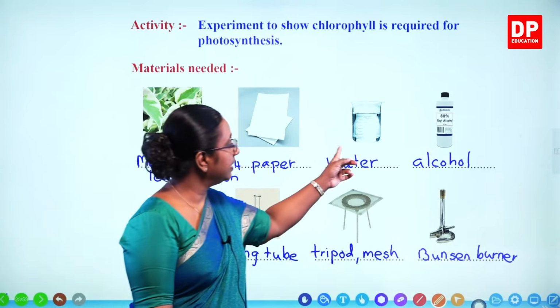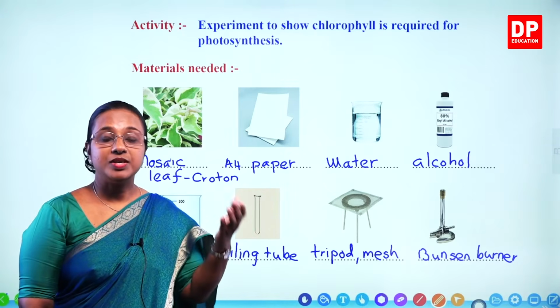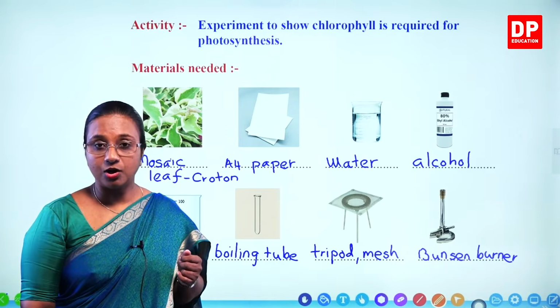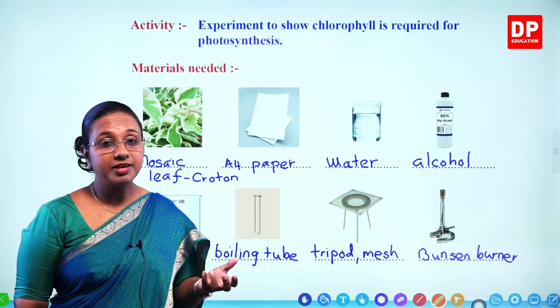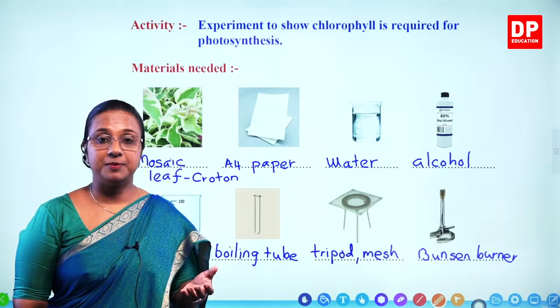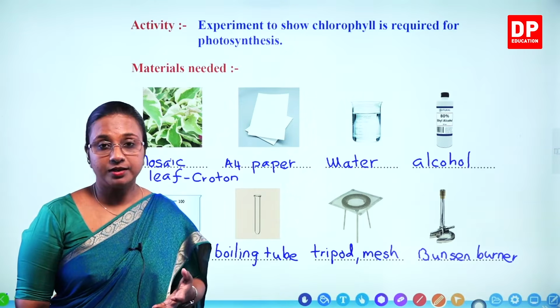Then we need water to boil the leaves. Once we boil the leaves in water, then we have to boil it in alcohol using a water bath. You all know the reason, because alcohol is highly inflammable. Then we wash the leaf in water.